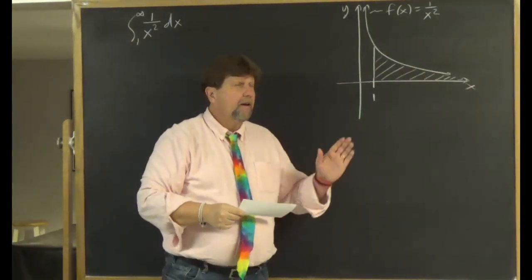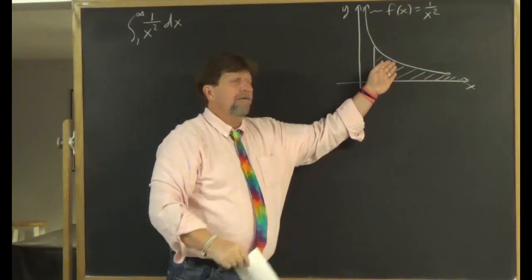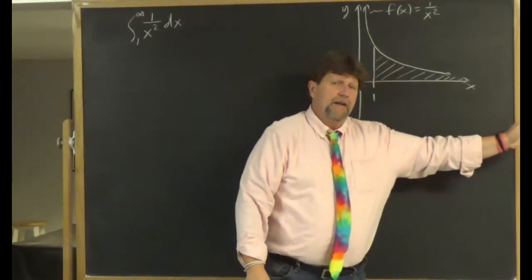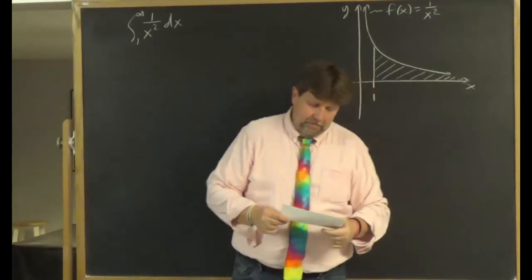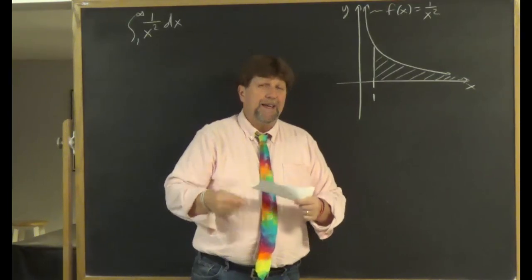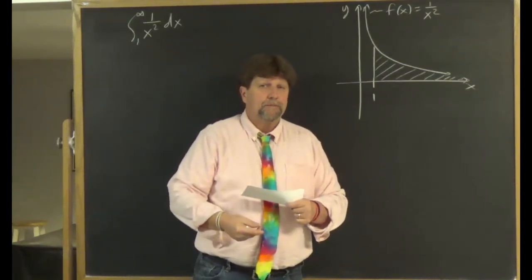So it's the area under the curve 1 over x squared above the x-axis from 1 to infinity. It's an unbounded region. So what we're going to do is an easier problem.